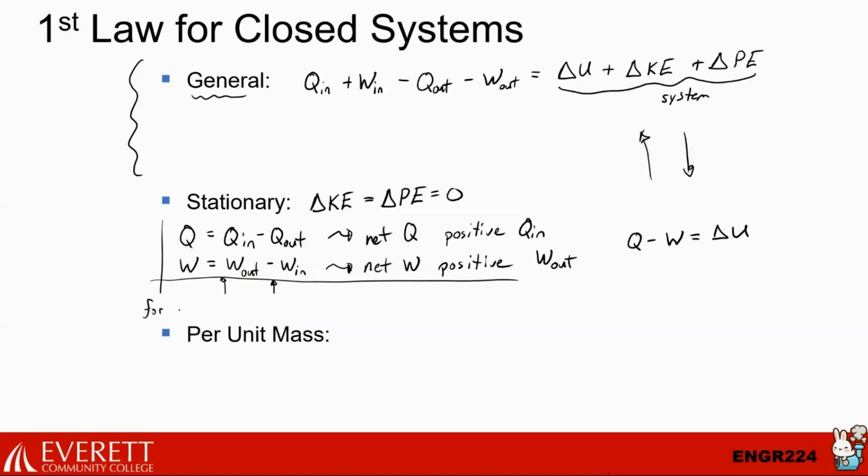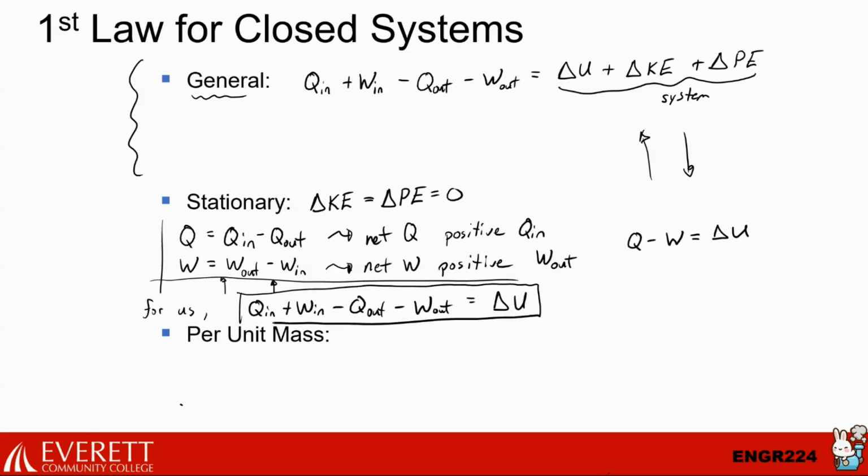We could say for us, that stationary system would be Q in, work in, both positive, Q out, work out equals delta U. This is the form I prefer generally because I think it's less confusing, but it's not uncommon, and you'll see this in a lot of texts, including the textbook that we typically use for this class, being in that form, the Q minus W. Just remember you're making a sign change if you use the Q minus W. But not a lot of people pay too close attention to that.